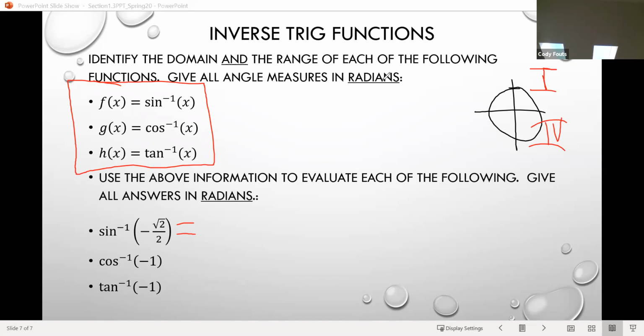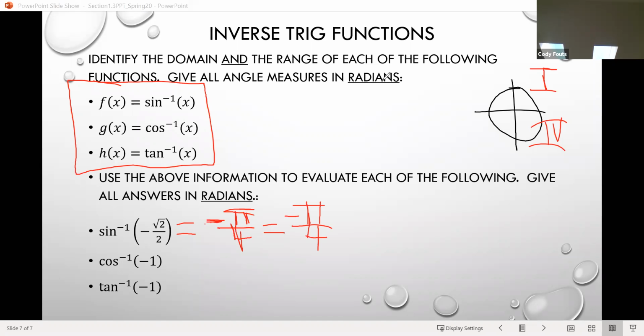However, 7 pi over 4 is not between negative pi over 2 and pi over 2, so I use the coterminal angle negative pi over 4, because that does fall into this range. So it's supposed to be a negative pi over 4. Let me see if I can write it a little bit better. That's a little better. So that's the answer for the first one.